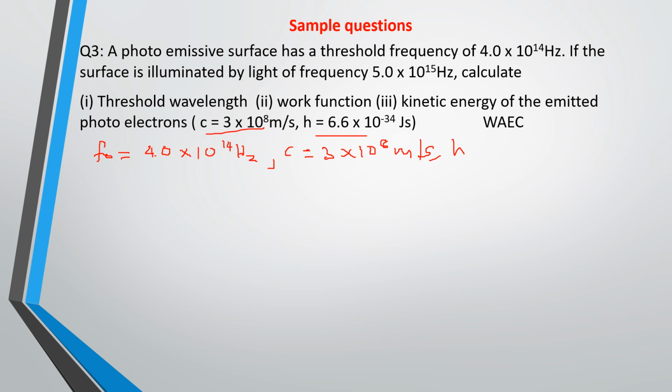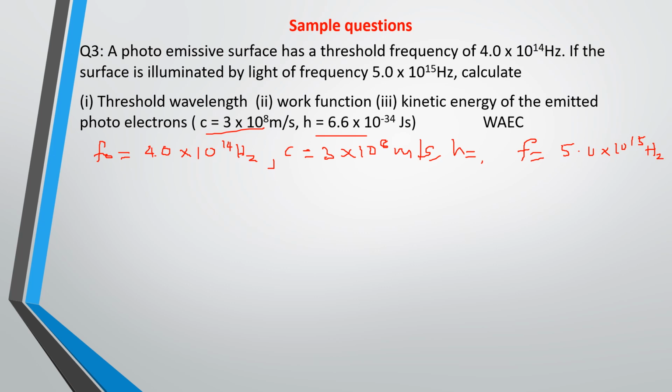Planck constant you know already. Then you are also given the frequency of the emitted electron, which is F, equal to 5.0 times 10 raised to power 15 hertz.